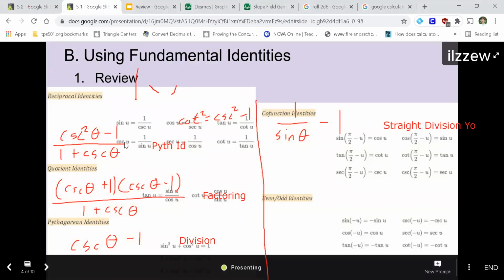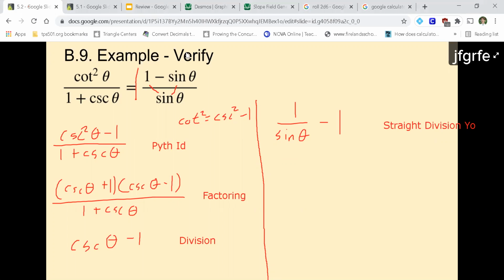It's the reciprocal of cosecant. So this is cosecant theta minus 1, and that's our reciprocal identity. Hey, and now we met in the middle. So those are the same.